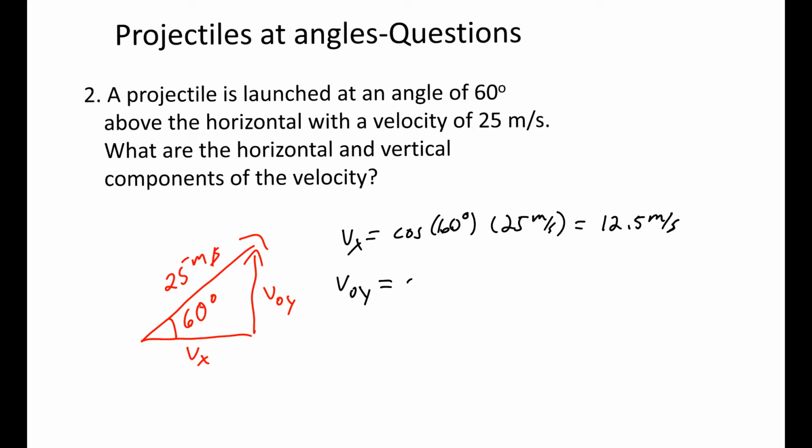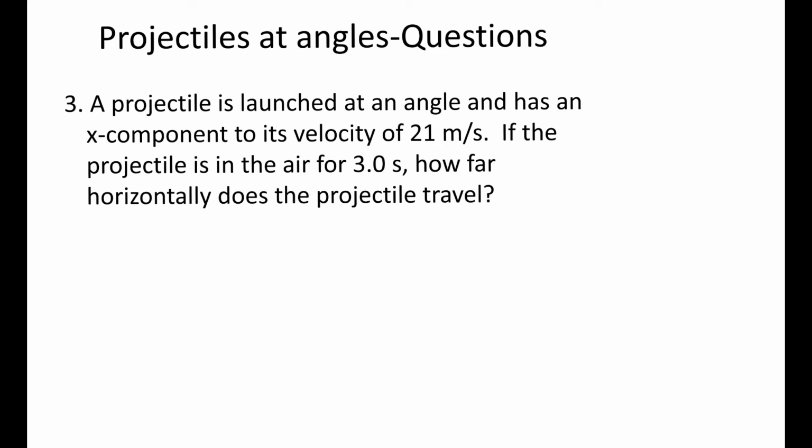voy is going to be sine 60 times 25 meters per second. And what's that equal? 21.7 meters per second. Any questions on that one? All right. Number 3, a projectile is launched at an angle and has an x component to its velocity of 21 meters per second.